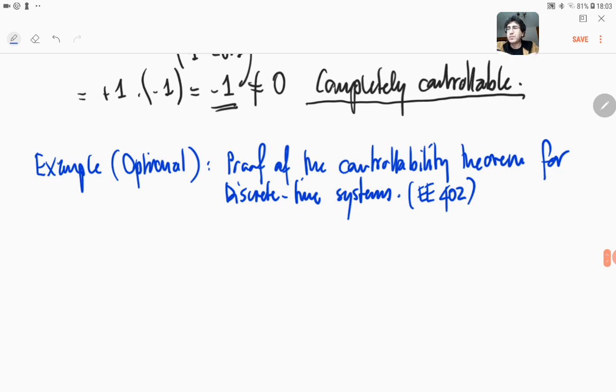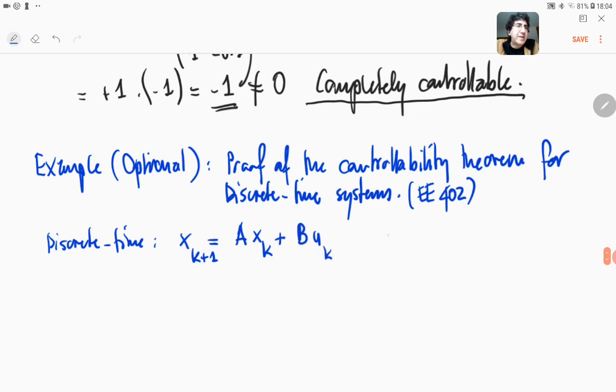So what is a discrete time system? A discrete time system is where you have a time index rather than continuous time. So the state at time k plus 1 is equal to A times the state at time k plus B times the input at time k, k being the discrete time index.